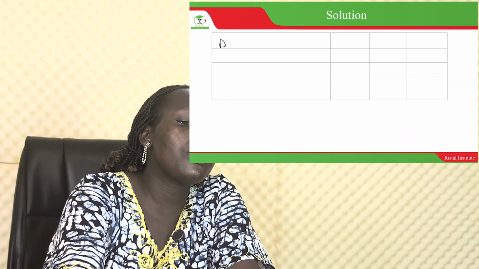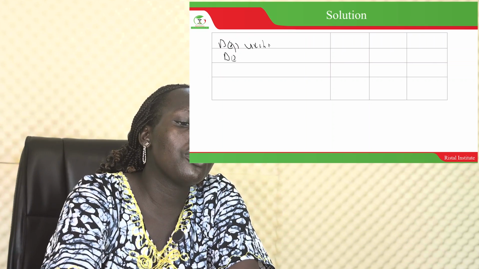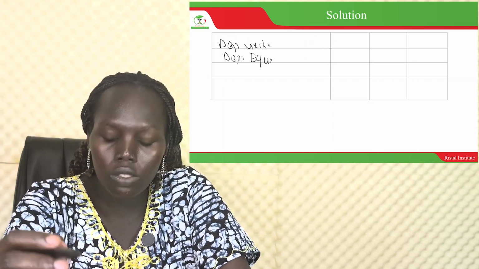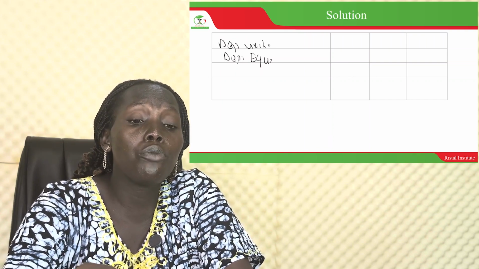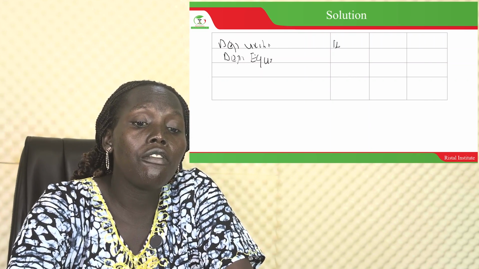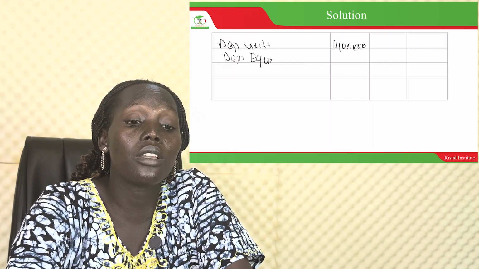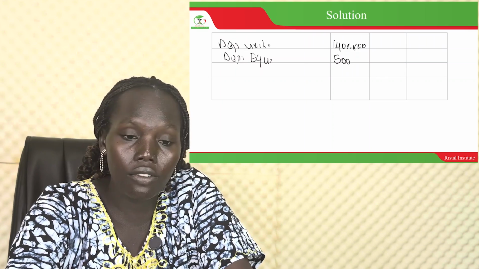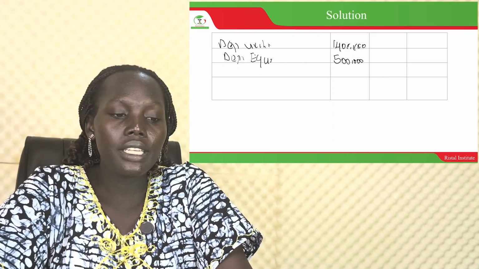We shall add the depreciation for the vehicle, and then also depreciation for equipment. We get 20% of 7 million, which gave 1,400,000. And then we also get 10% of the equipment cost, 10% of 5 million, we get 500,000.